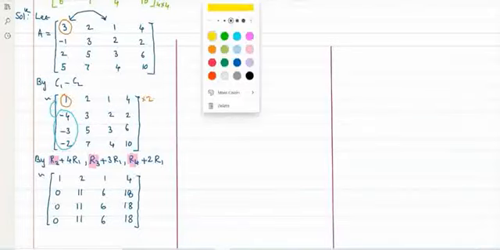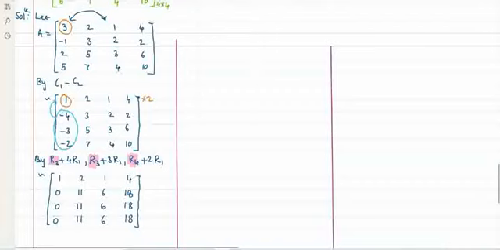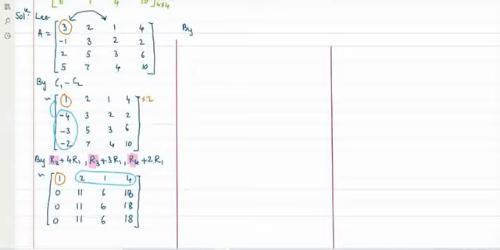So again, after getting the elements below A11 to 0, this is A11. Next, you have to reduce the elements on the right side to 0 by using column transformations. C2 minus 2C1, C3 minus C1, and C4 minus 4C1.